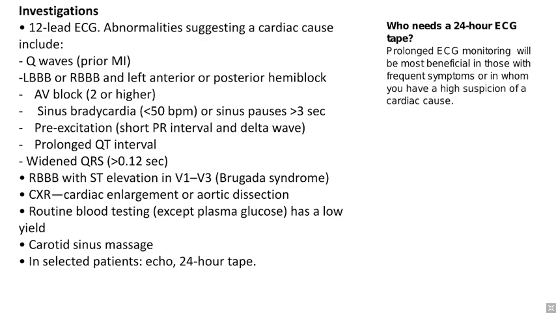What investigations do we recommend for patients with syncope? At first, a twelve-lead ECG. And if it's syncope connected with a cardiac problem, what can we see? For example, Q wave on ECG, which diagnoses previous MI.